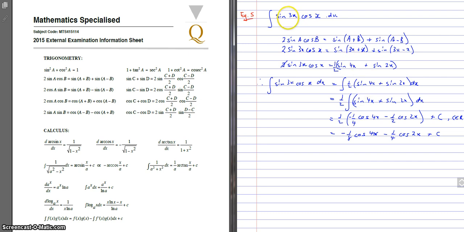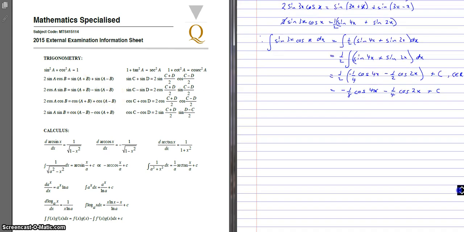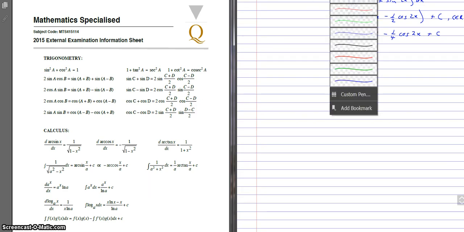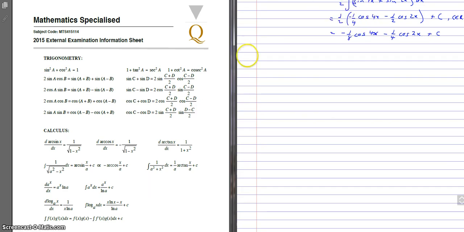Okay, it's just being able to see what we can use. So become familiar with these different multiple angle products to sums formulas that we have. Okay, so let's scroll through and we'll do one more example of these type.